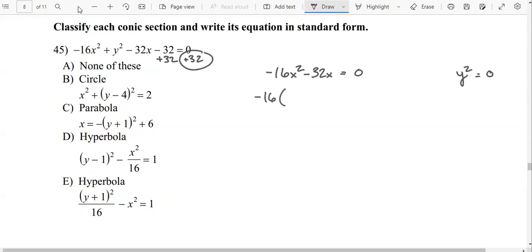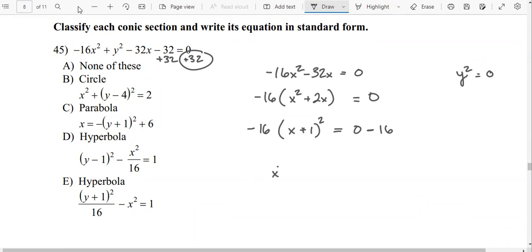So I'm going to take the -16 and factor it out. And then I'm going to complete the square, same as usual. What's half of 2? It's 1 squared equals 0. But I need to do something to this side. So if I do this, I've got 1 squared is 1, but it's multiplied by -16. So I've got an extra -16 on this side that I didn't have before, which means I need to subtract 16 from this side.